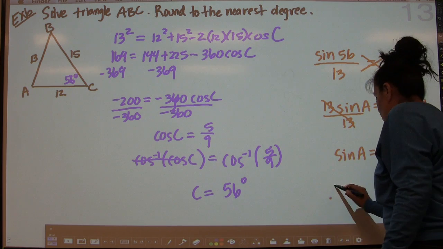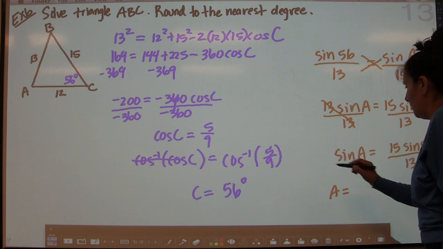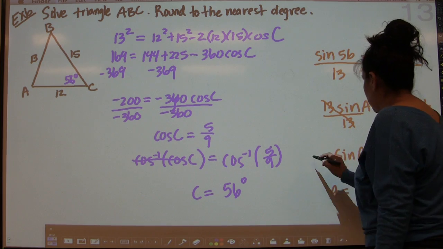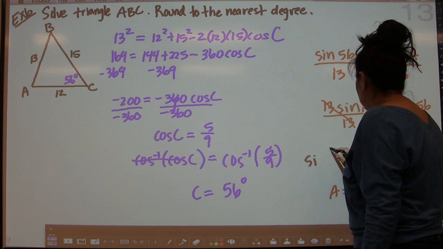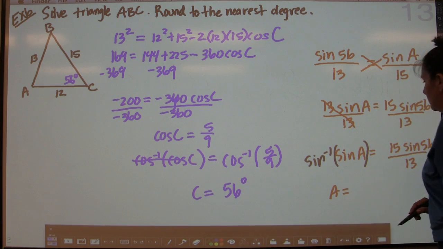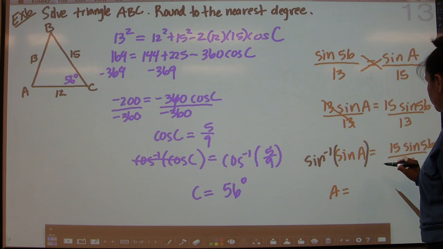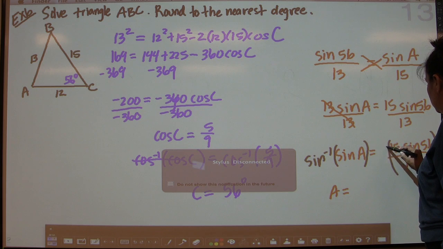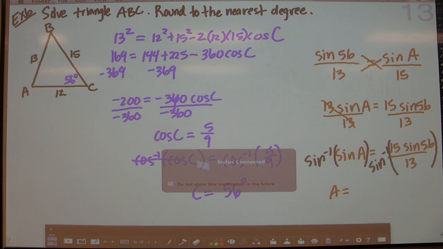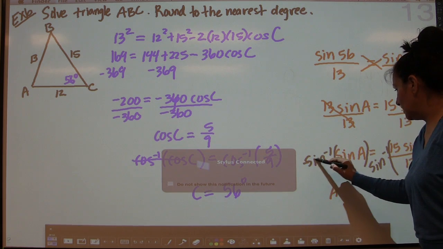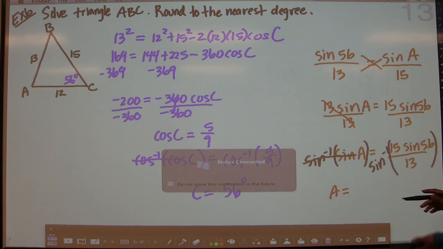And remember that when we do our inverse, we're going to take the inverse of both sides. Sine inverse of sine A, and then sine inverse of the right hand side as well. On the left, it's going to cancel out, and you're just going to end up with A. So here we go.